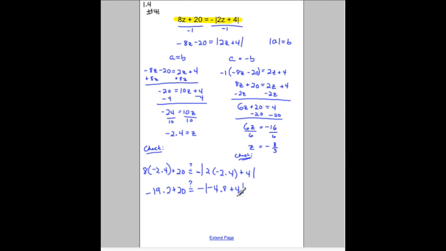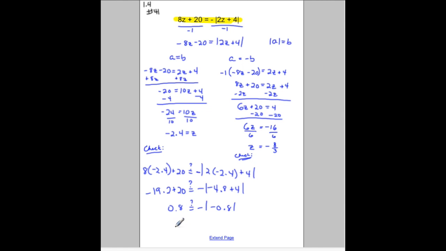So now simplifying inside the absolute value signs, I've got negative 4.8 and positive 4, so it's the absolute value of negative 0.8, and that may or may not be equal to positive 0.8. It looks like 0.8.